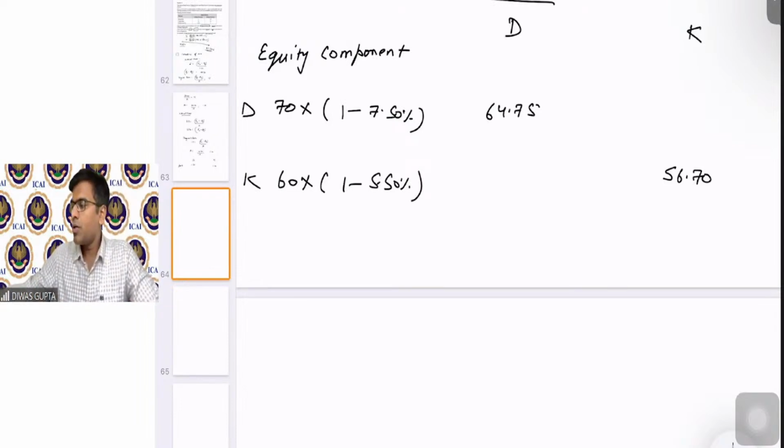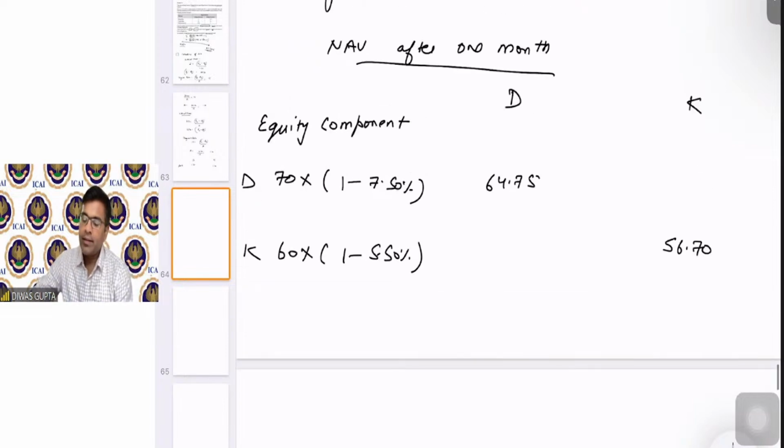Is this it, or should I need to do something else also, students? Now tell me, is this the final value I have to calculate, let's say NAV here after 1 month? So should I stop here or should I do some more things? Please do let me know, students. I have calculated basis the beta, whatever is the market going down, basis that I have calculated the revised equity component.